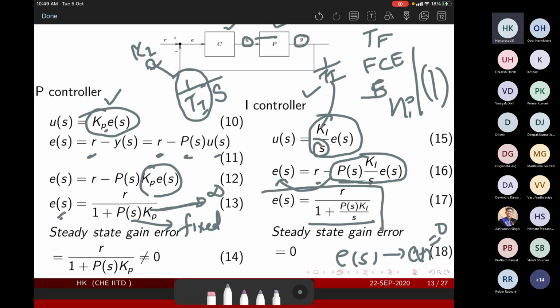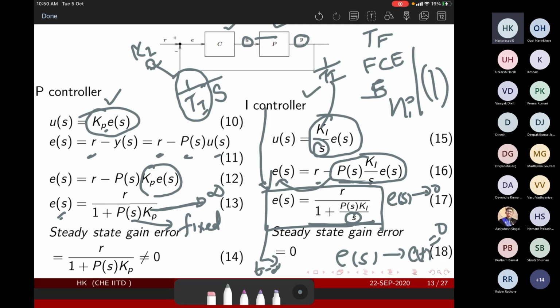But look at E of S in the integral case, and see what would happen when t goes to infinity because of this S. By the final value theorem, E would tend to 0. So we are proving mathematically why a P controller can eliminate the error only if the gain is infinity, while an I controller can do this without a high gain.